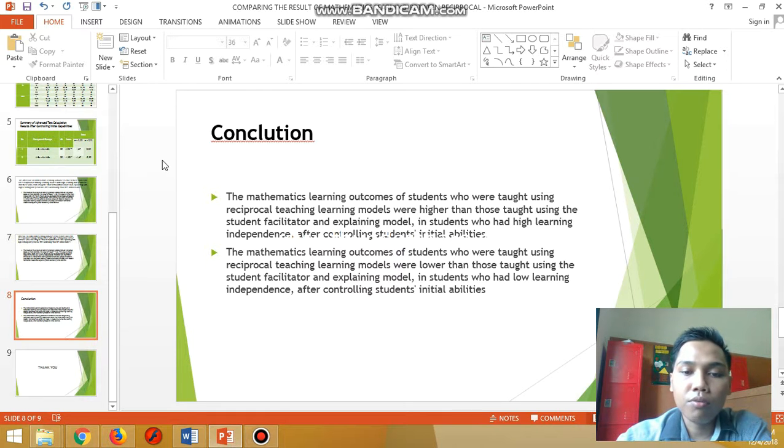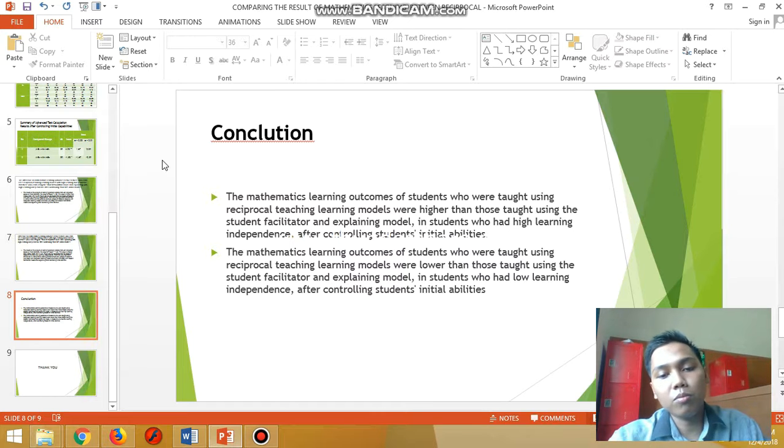Number 2. The mathematics learning outcome of students who were taught using the reciprocal teaching learning model was lower than those taught using the student facilitator and explaining model in students who had low learning independence after controlling student initial ability.